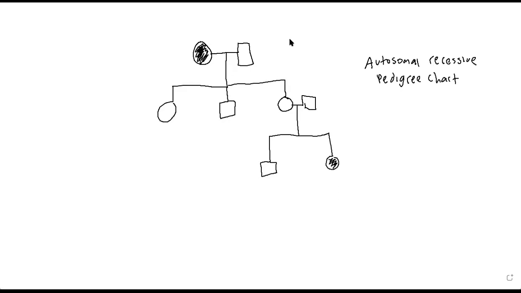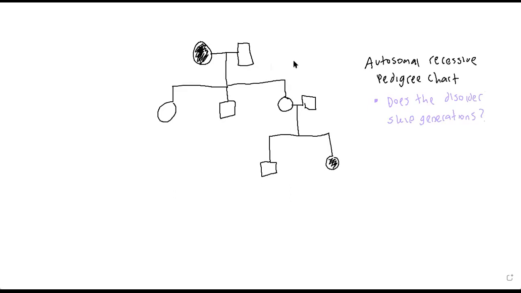Now, how do we know? For one, we look for, does the disorder skip generations? What this means is that the disorder is present in one generation, but not the next.